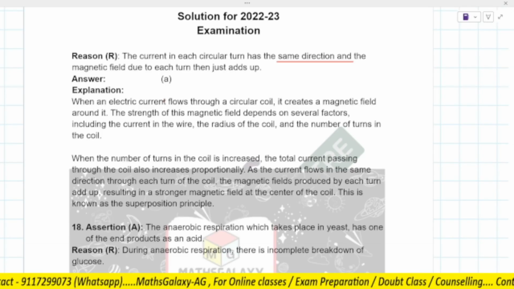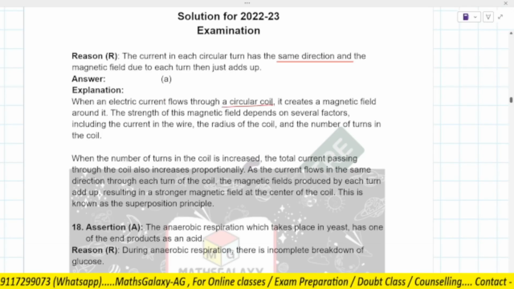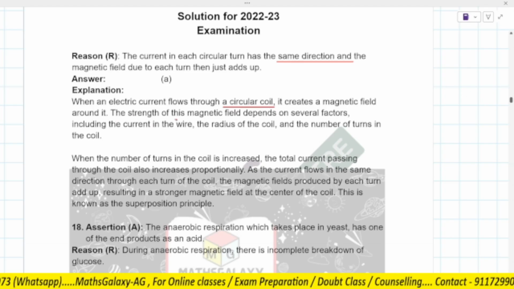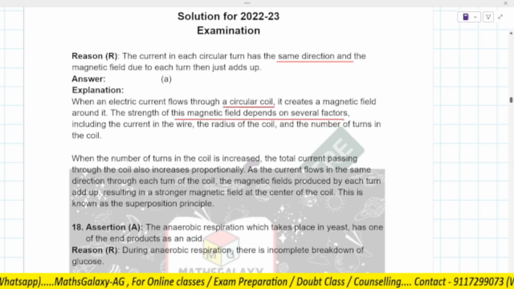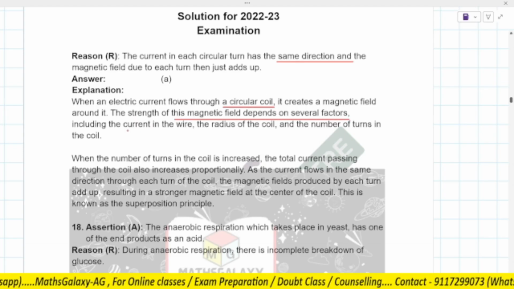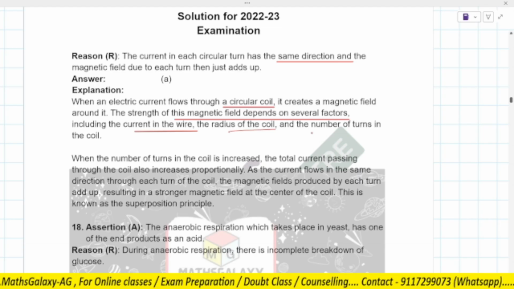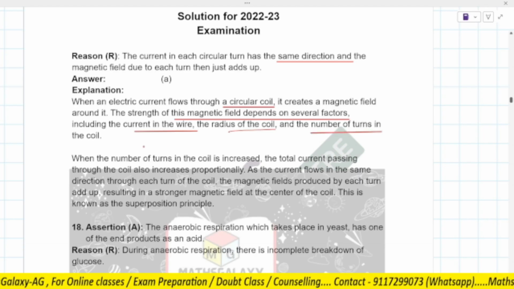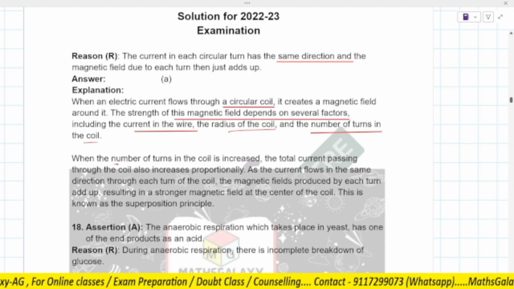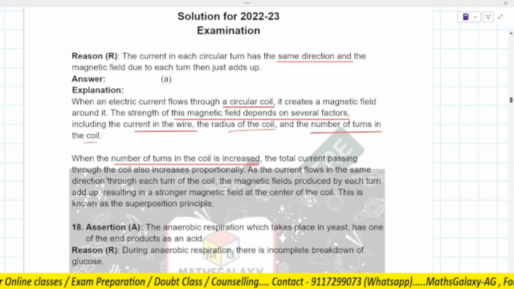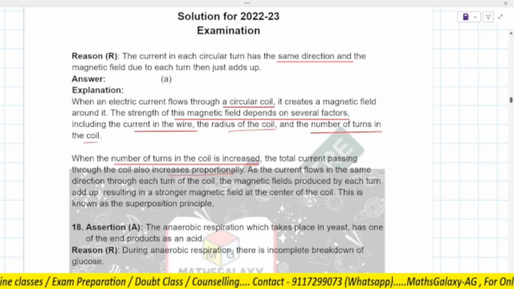Let's see, when an electric current flows through a circular coil, it creates a magnetic field around it. The strength of this magnetic field depends on several factors, including the current in the wire, the radius of the coil, the number of turns in the coil. When the number of turns in the coil is increased, the total current passing through the coil also increases proportionally.